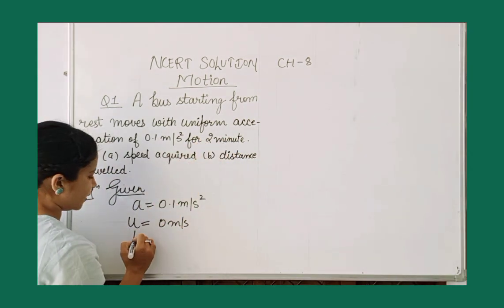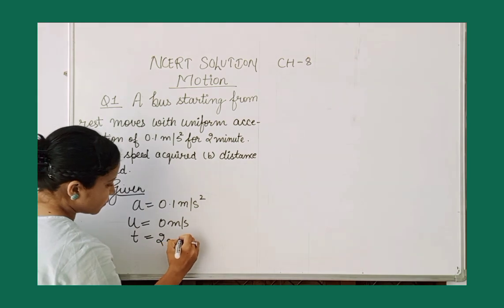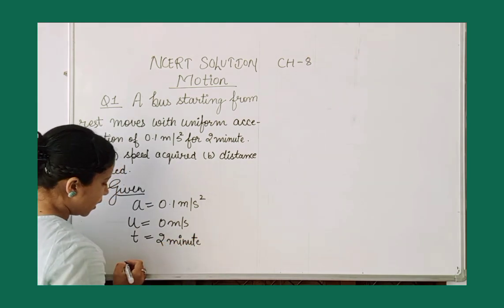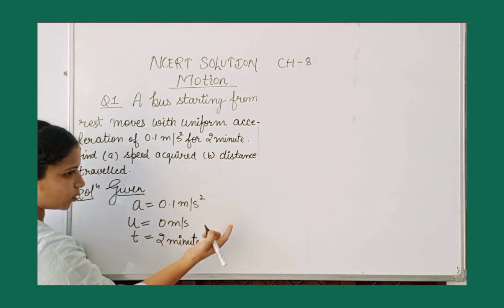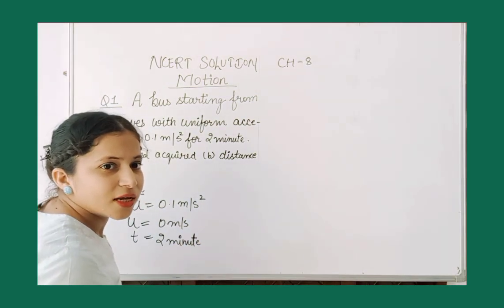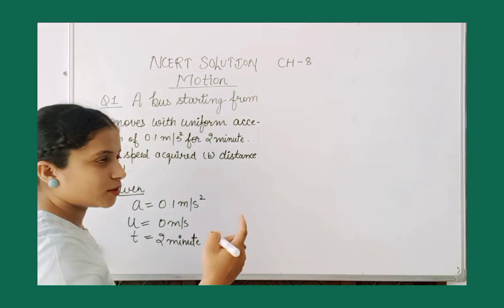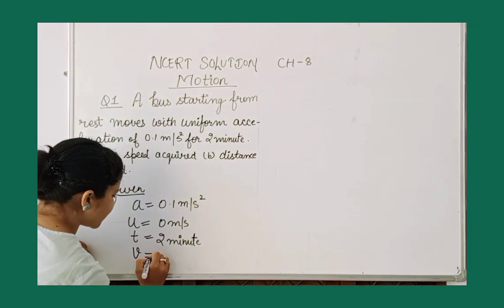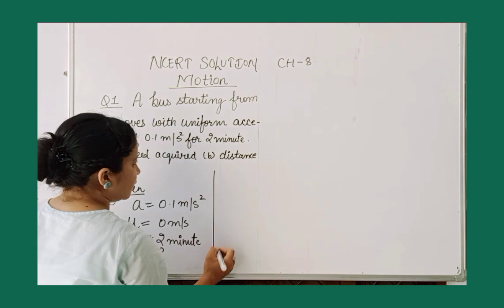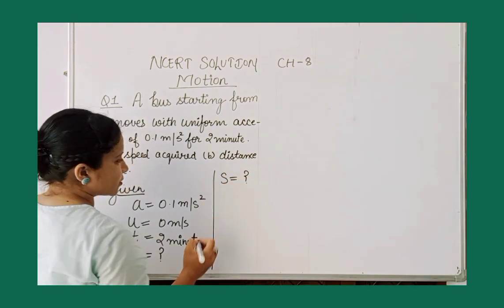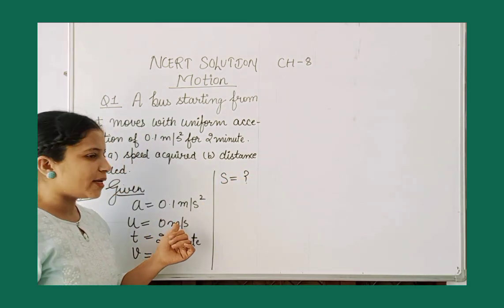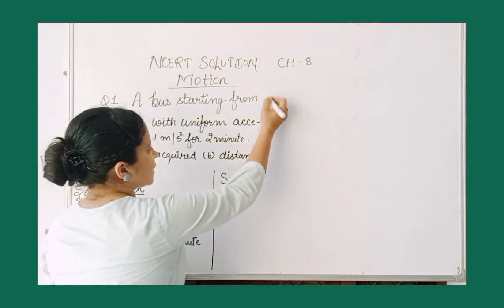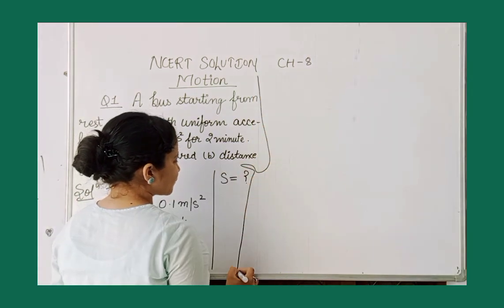Time period is given, that is 2 minutes. You have to calculate the speed acquired. Acquired speed means the speed which the object is gaining after the start, that is v is equal to question mark, and you have to calculate the distance traveled. We will use the equation of motion to solve these kinds of questions.